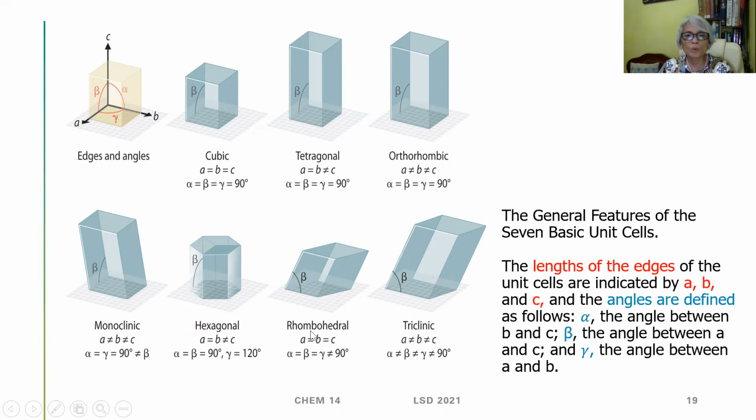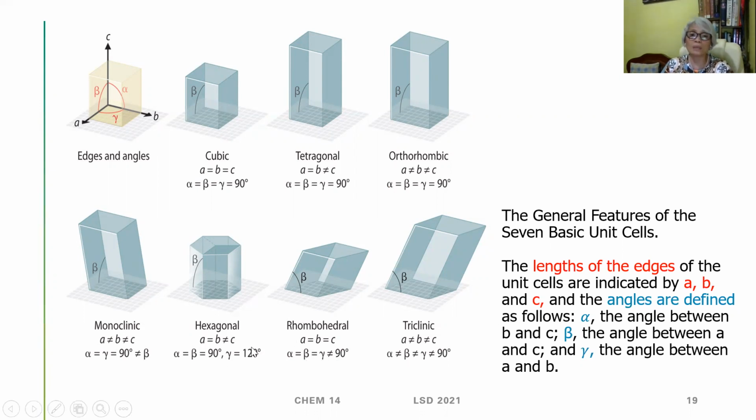And then we have a rhombohedral where the three sides or edges are of the same measure. The angles alpha, beta, and gamma are of the same measure, pare-pareho sila, pero less than 90 degrees.